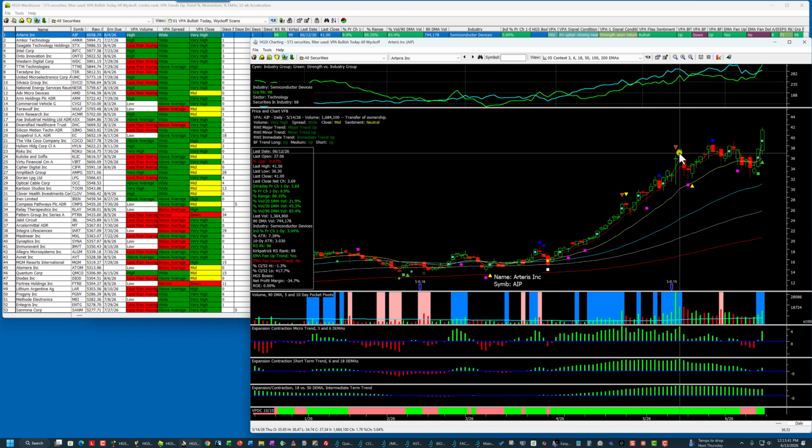We had a little shakeout up here, and we get a transfer of ownership. The stock, this circle right here, it means that some of the buyers were being sold into. That's a transfer of ownership. It isn't necessarily bearish, but that red circle indicates that money was transferring hands, and then what happened?